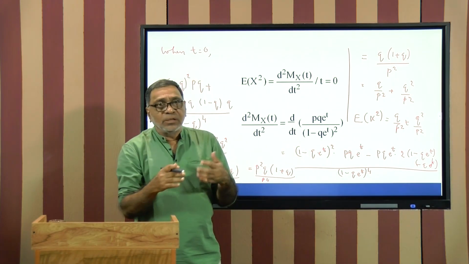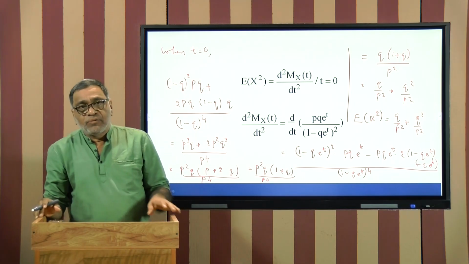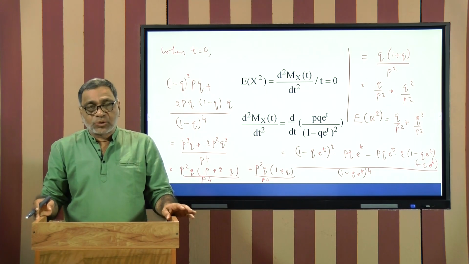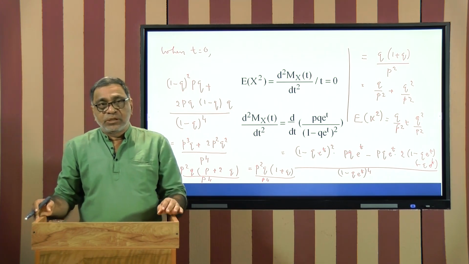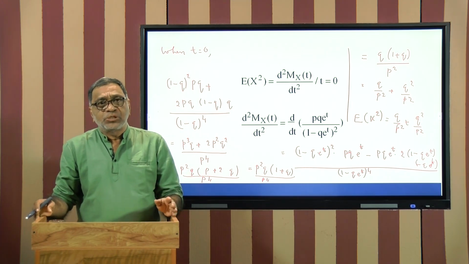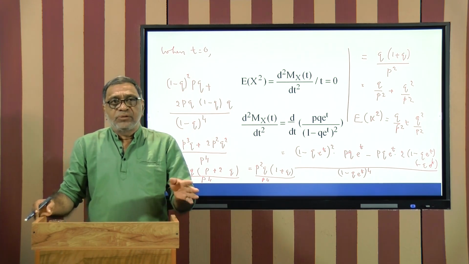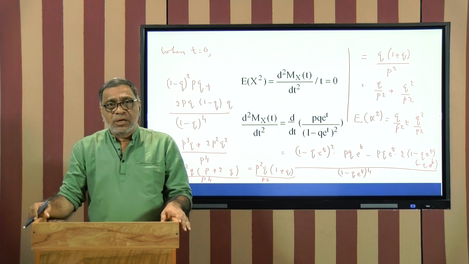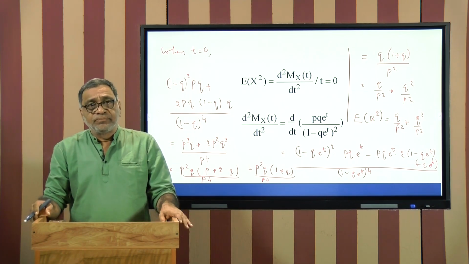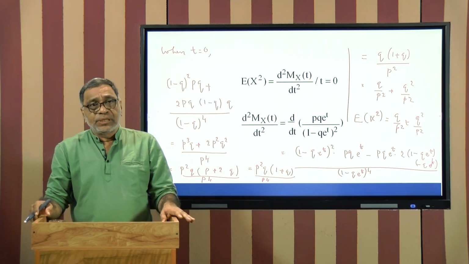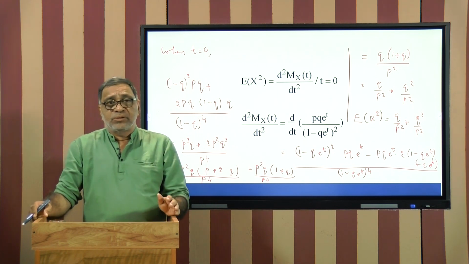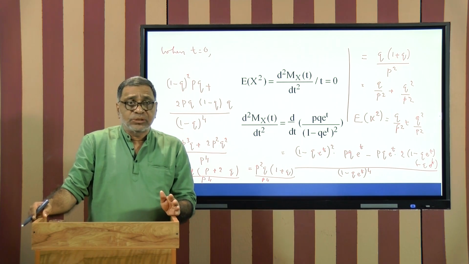So, this is the way in which we are calculating the expectation of x square using the moment generative function. The only problem is to find the derivative of that function, which is very simple, and after getting the derivative, you just put t equal to 0. For expectation of x, we have the first derivative of the moment generative function when t is equal to 0.